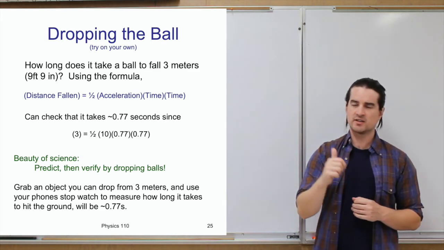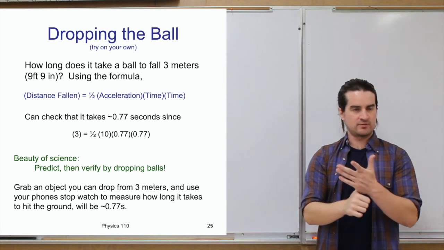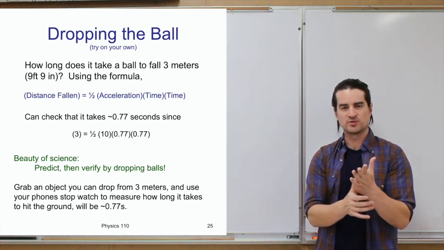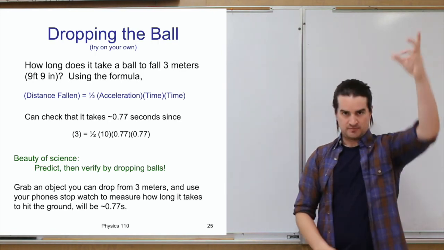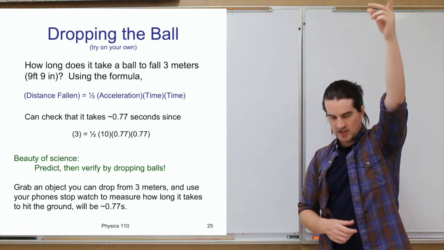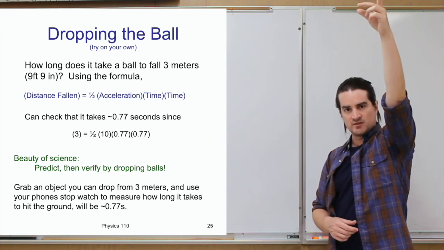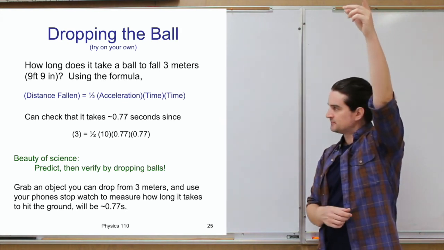So it's still pretty quick, but you all probably have, or all should have, on your phones, pretty much all phones in their clock feature have a stopwatch. And maybe you might need a helper, or maybe not, you just find a way to get a ball a little over 9.5 feet off the ground, right? 9 feet 9 inches. Try to measure it in some way if you can.